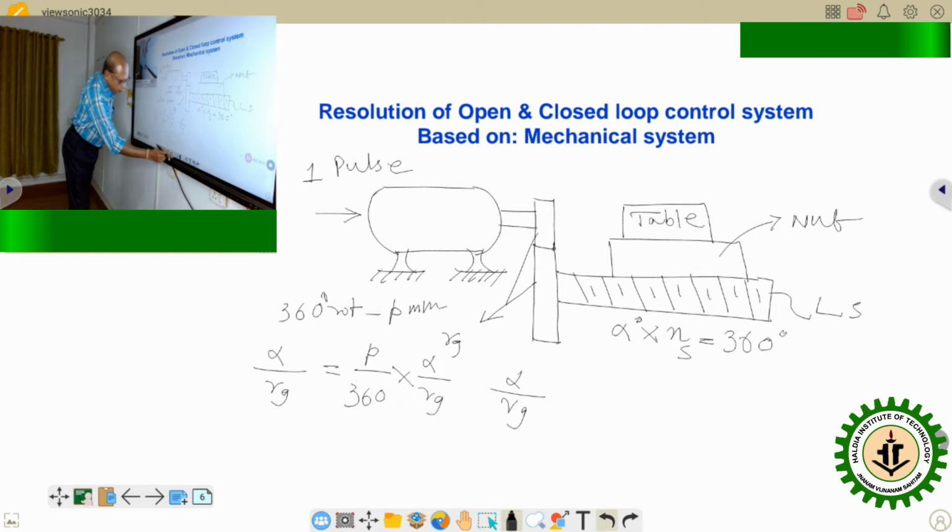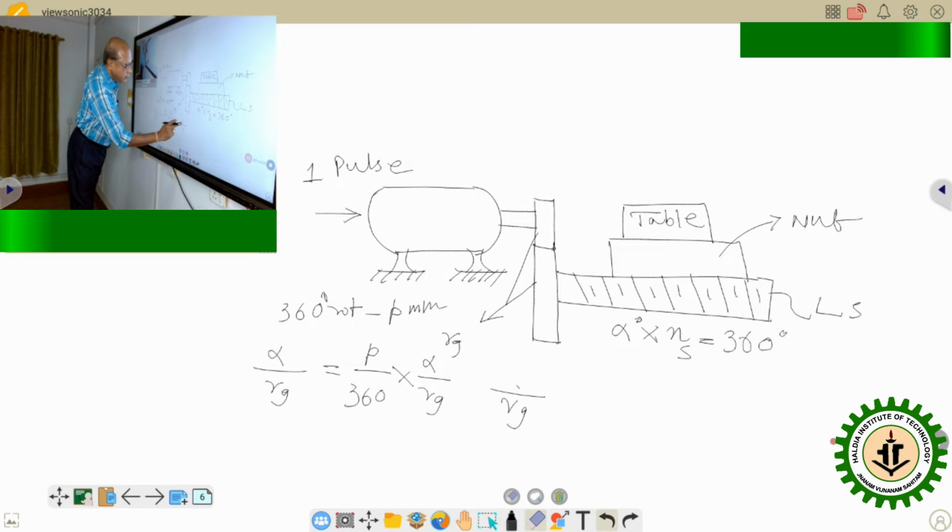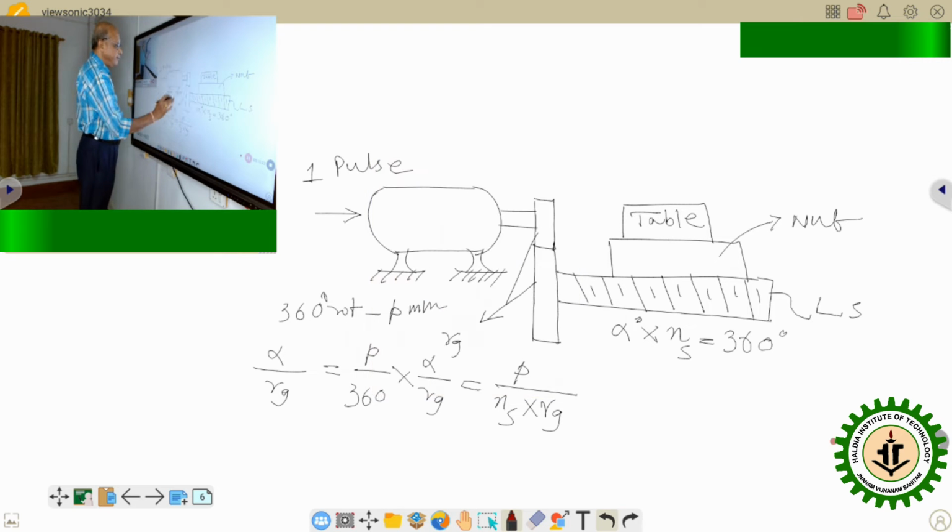this will lead to P by Ns into Rg. Clear?